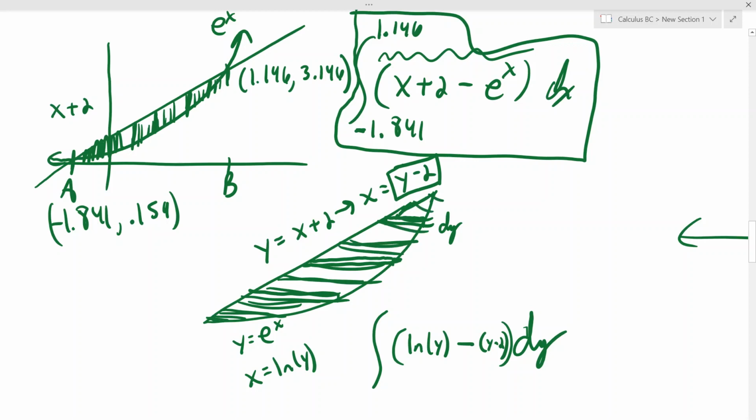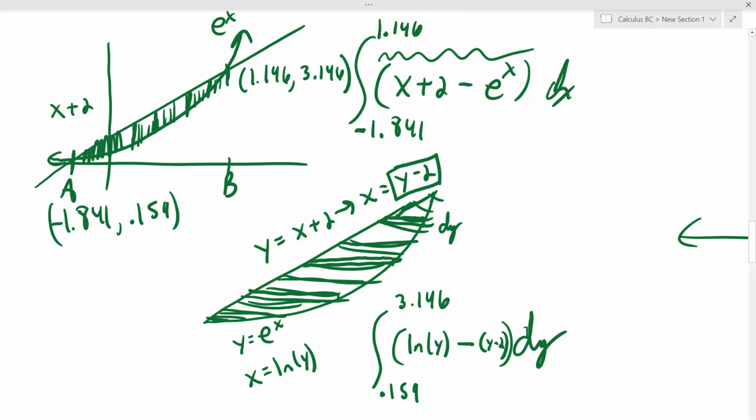So that's going to be from 0.159 to 3.146. And the whole reason I was showing you this is I found those values because I want to show you the same exact answer. And while that might not blow your mind at all, what that does is it gives us two integrals that have the exact same value. And a lot of times in math, that's a pretty powerful thing because sometimes one way to integrate is super difficult and the other way is easier.